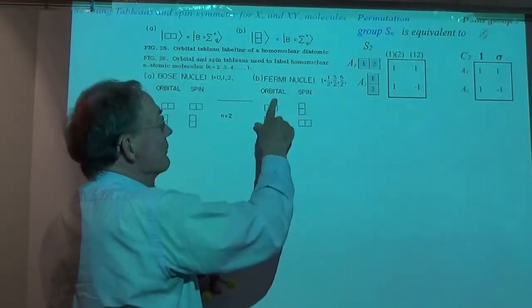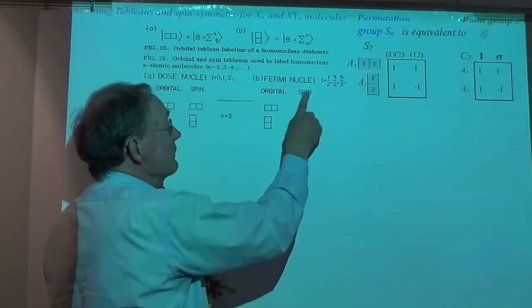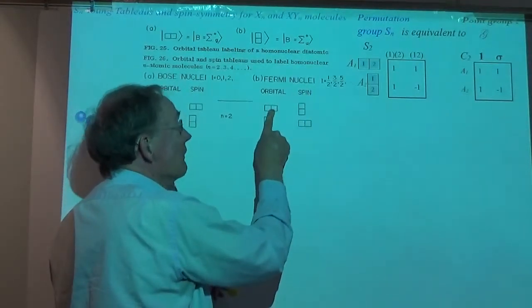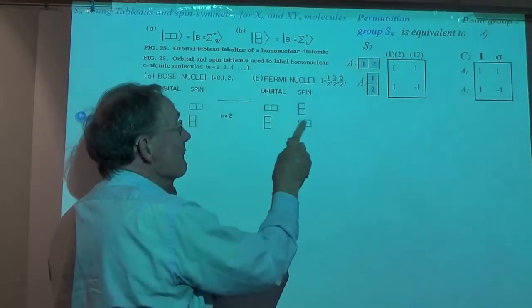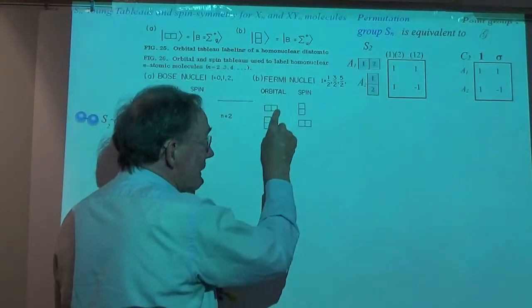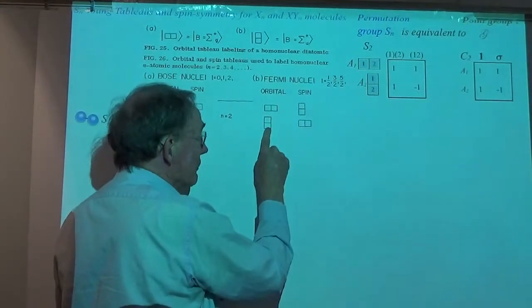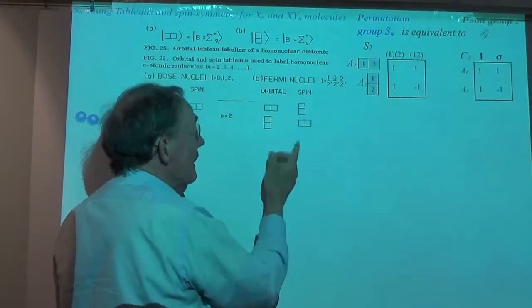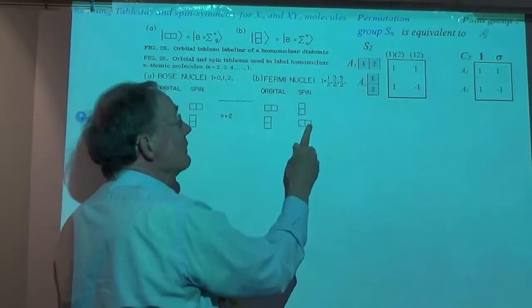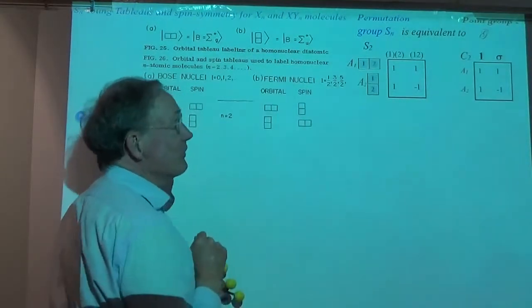In this case, you make the spin tableau be the opposite of the orbital tableau. Okay, that means symmetric and antisymmetric, okay, orbits go respectively with antisymmetric and symmetric spin combinations.